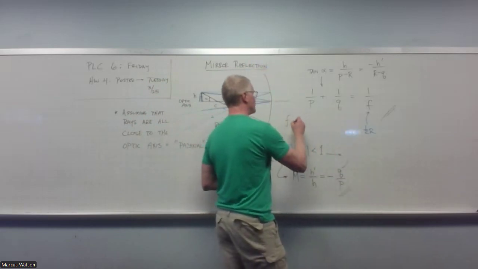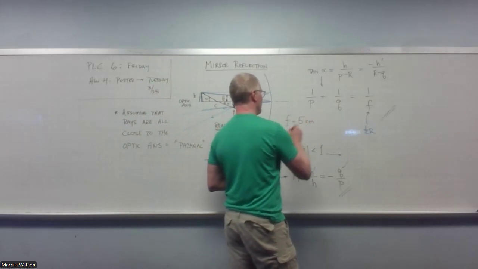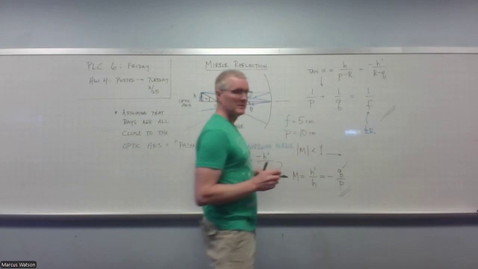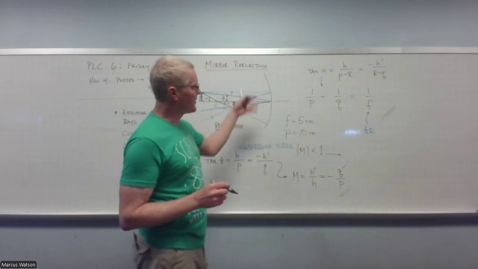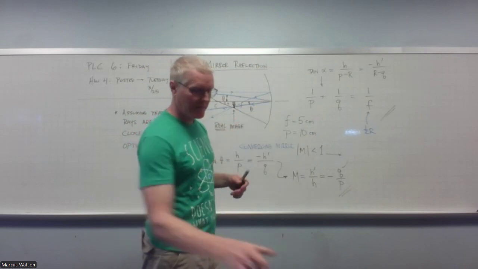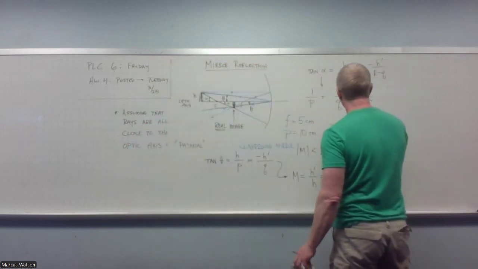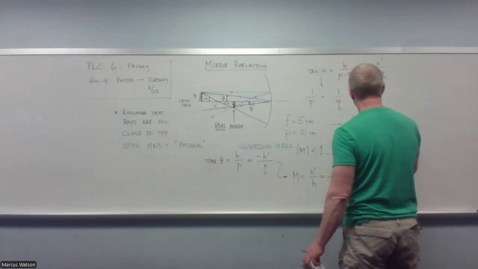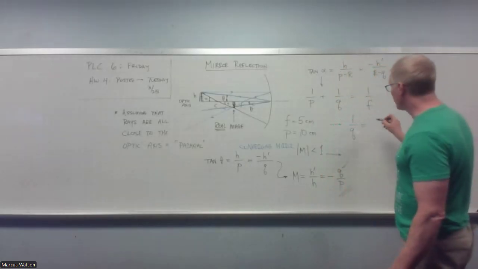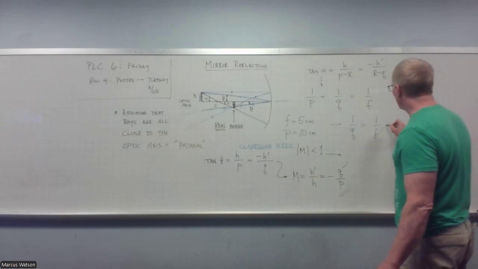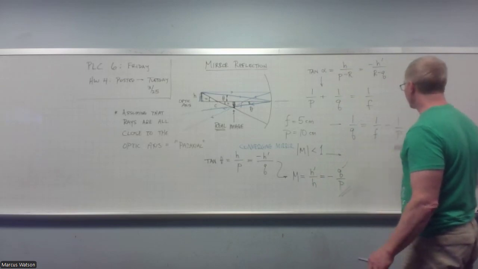Suppose the focal length is 5 centimeters, but my object distance is 10 centimeters. Okay, if I put those two in here, I'm going to look for the image distance, and I'm going to find, remember these are always reciprocals, 1 over the focal minus 1 over the object distance.